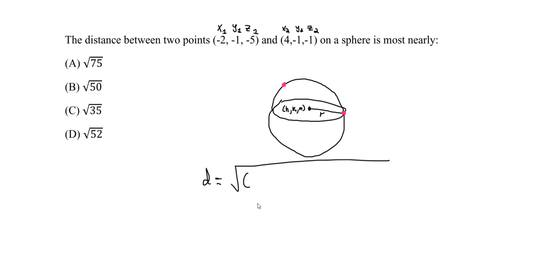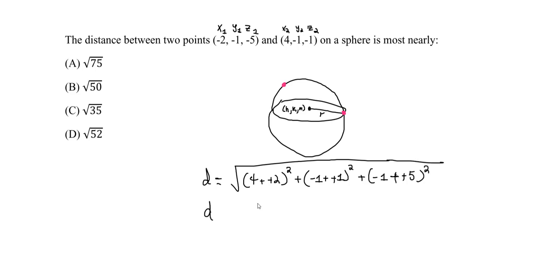What's x2? x2 is 4 minus x1, which is -2. Negative and a negative, double click it, squared, becomes a positive, plus our y2 is -1 minus our y1, so it's minus -1, you can double click it, square it, plus our z2 is -1, minus our z1, which is -5. Plug in -5, double click this, they become a positive, square that.